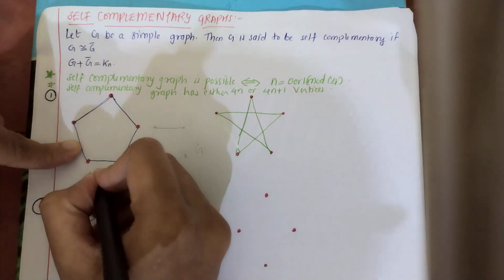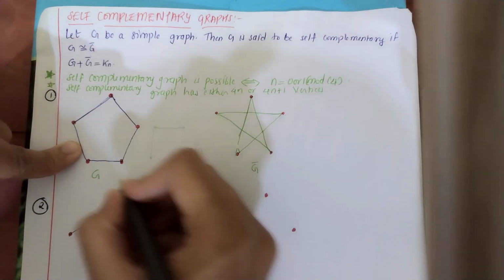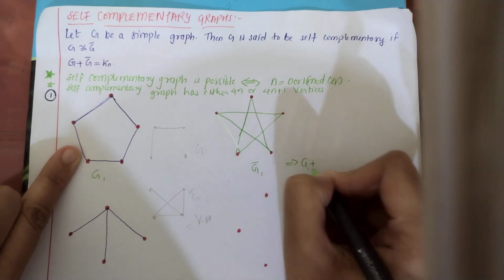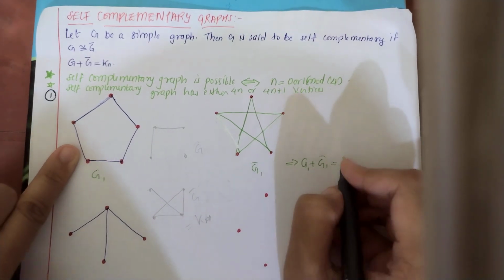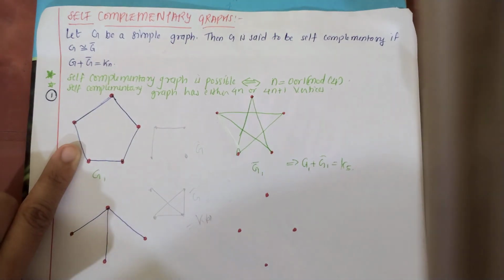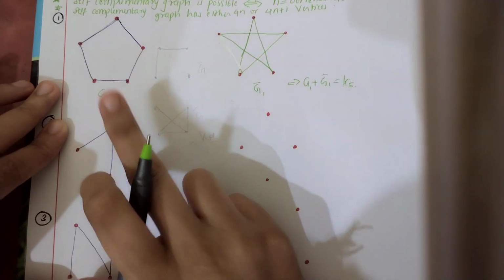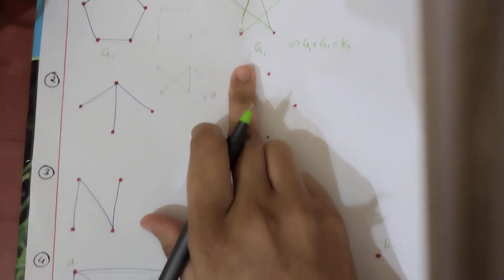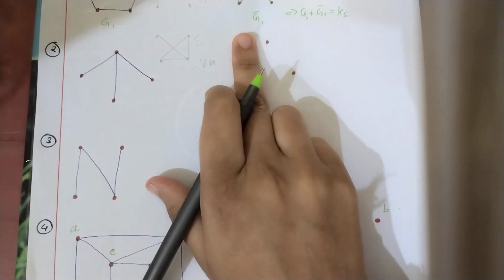This is my G, for example, and this is my G bar 1. So G plus G bar 1 is equal to K5, and you already know that they are isomorphic to each other. You can refer to my previous videos for isomorphism of two graphs.